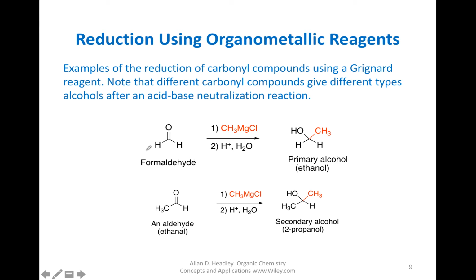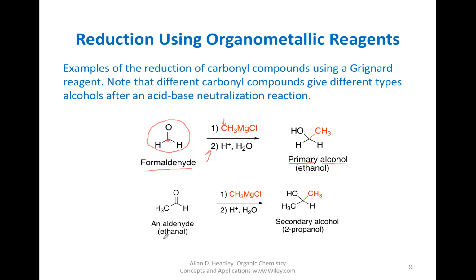So reacting an aldehyde, formaldehyde, a specific aldehyde, with a Grignard followed by hydrolysis, you get an alcohol. In this case, it's a primary alcohol because this is a specific aldehyde, one carbon here, and we're introducing another carbon.